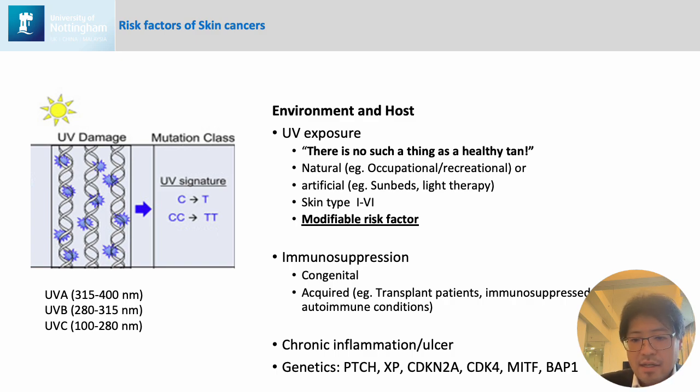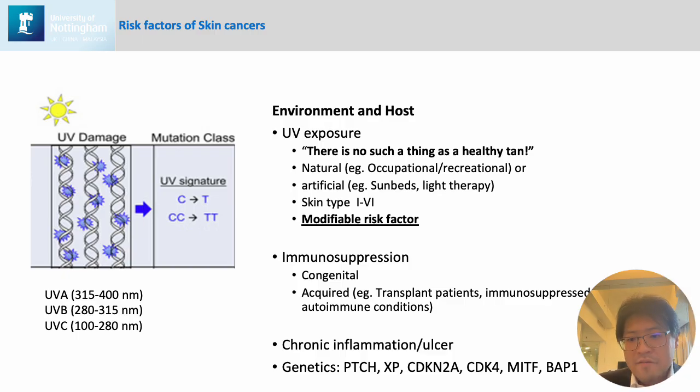So UV light comes in different wavelengths: UVA, UVB, and UVC. UVA has the longest wavelength, UVC the shortest wavelength, and therefore per photon, UVC carries higher energy than UVA.